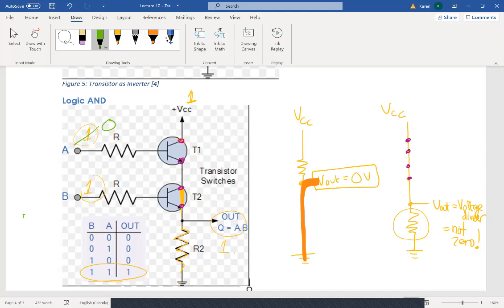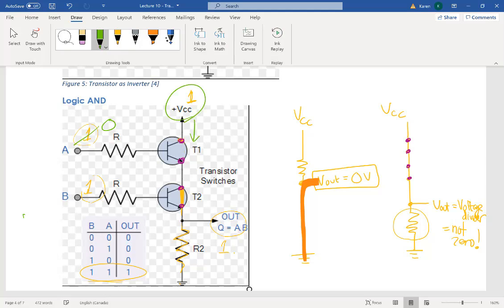And now if that has opened, there's no way for this voltage to get through anymore. It's blocked. So there's no way that you're going to be able to measure a 1 here. You would measure a 0 because there it is blocked.